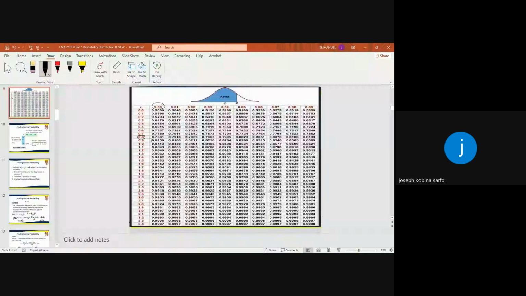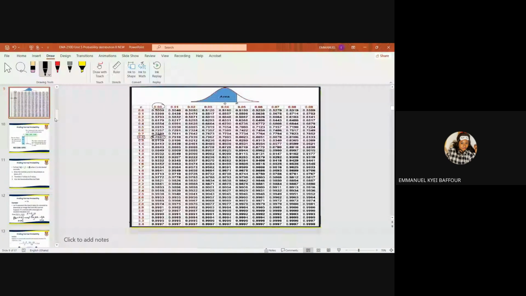That is 0.0, 0.1. Then you move to the right side, 0.00. The value there is 0.7881. So I chose that value, then I found the percentage of it. I multiplied by 100%, and I got 78.81%.